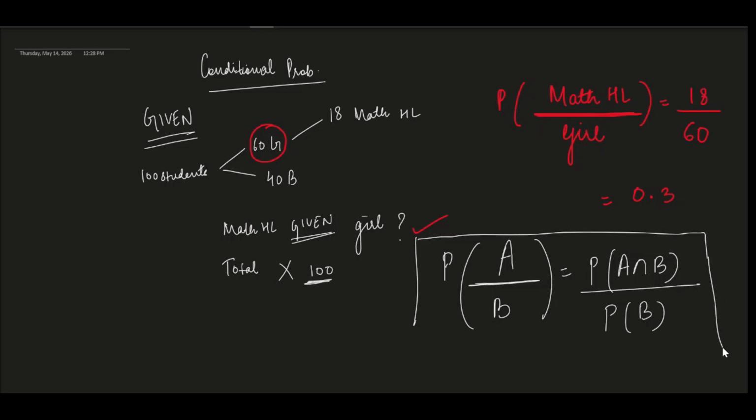So in this case, the probability of A intersection B over the probability of B, which is 60 here. This is the formula which works for conditional probability.